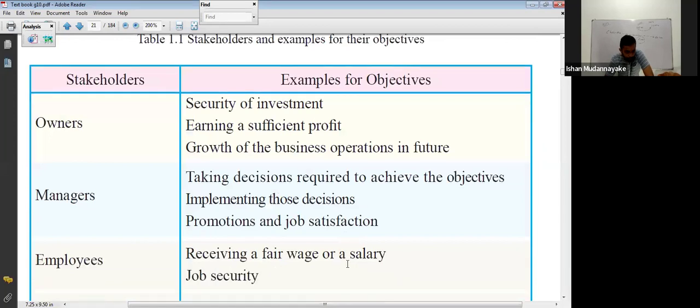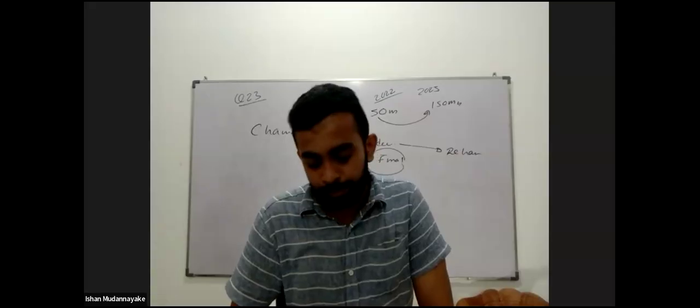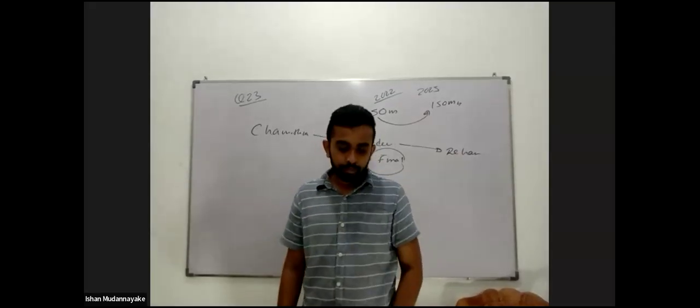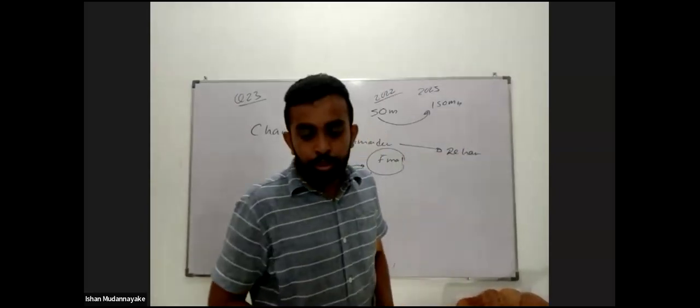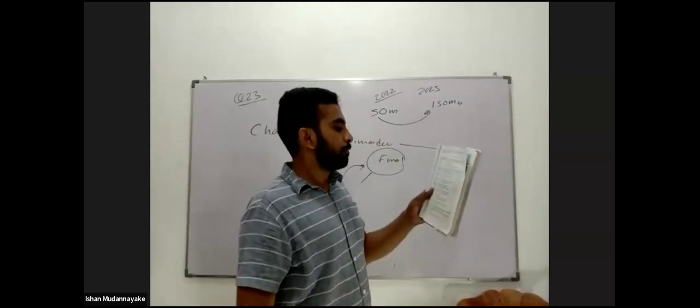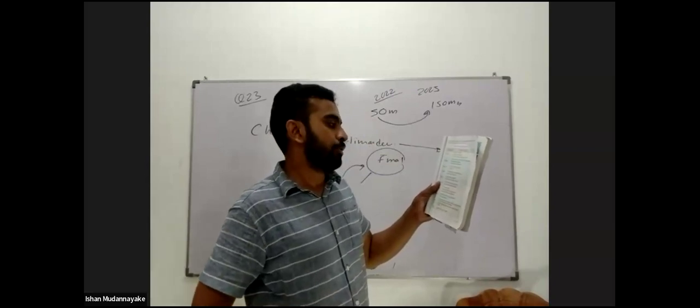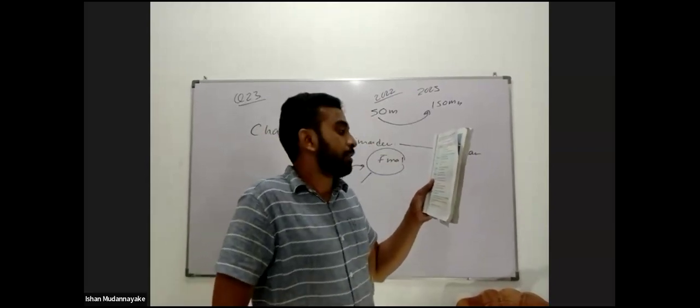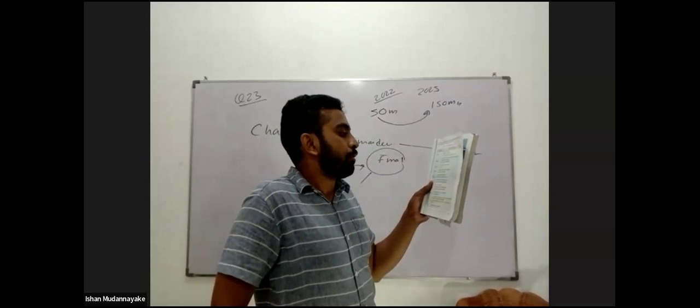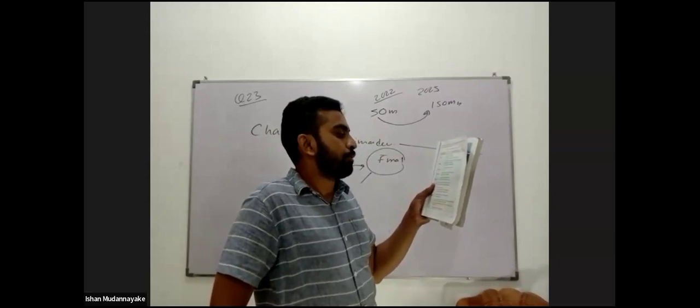Then under owners: security of investment, earning sufficient profit, growth of the business operation in future. And the expectations of managers: taking decisions required to achieve the objectives, implementing their decisions, promotion, job satisfaction.